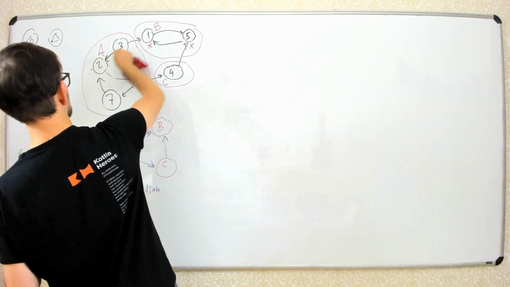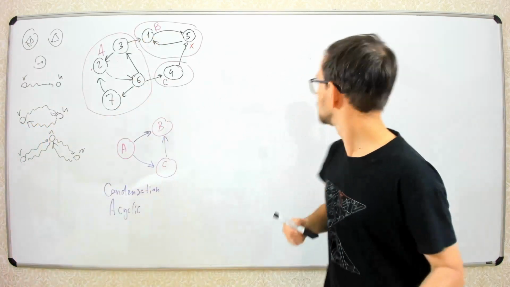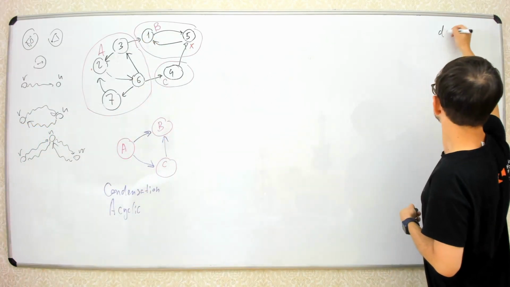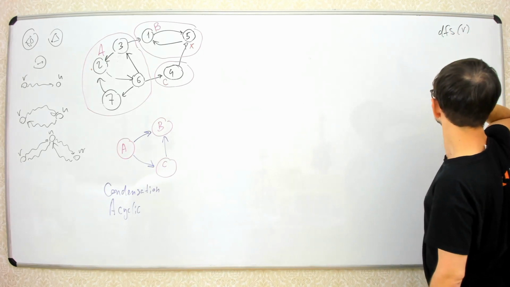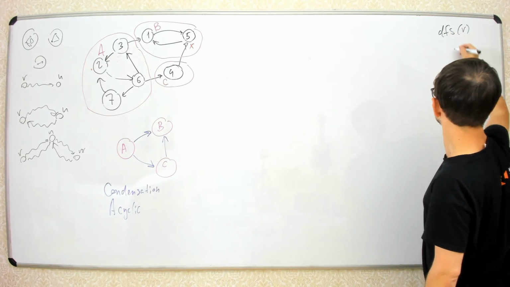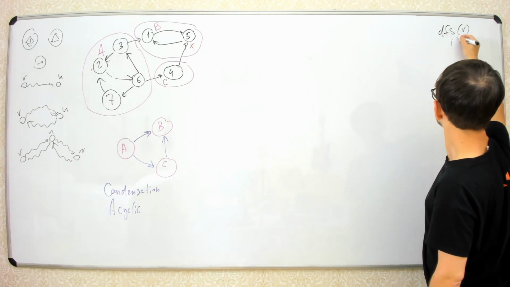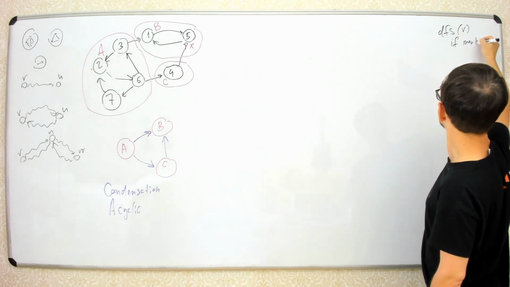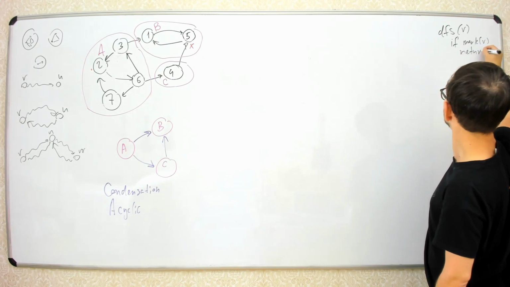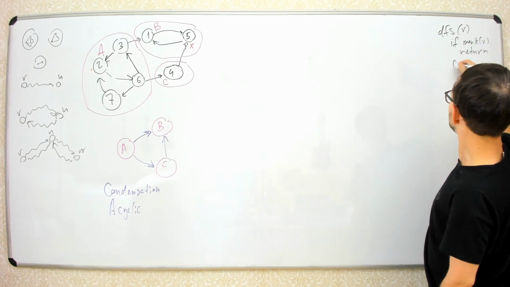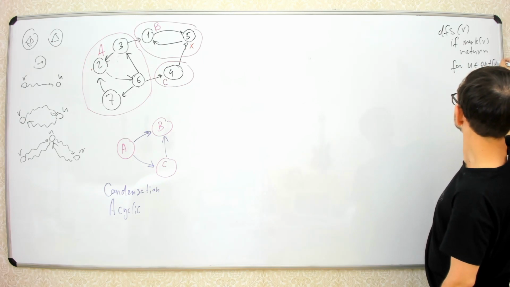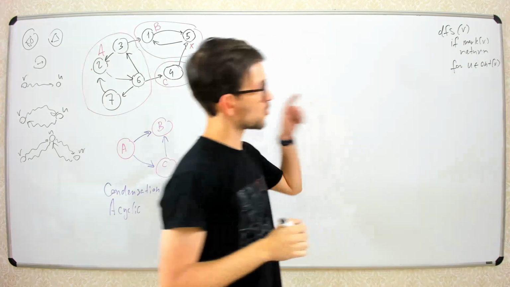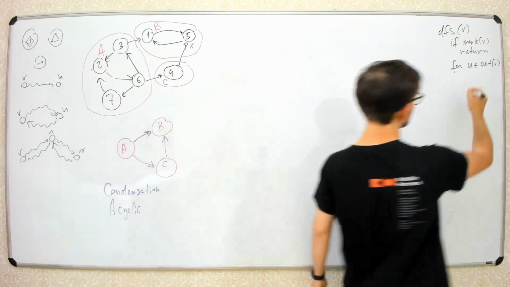So we put DFS. Let's do it like this. If the node is marked, we return.